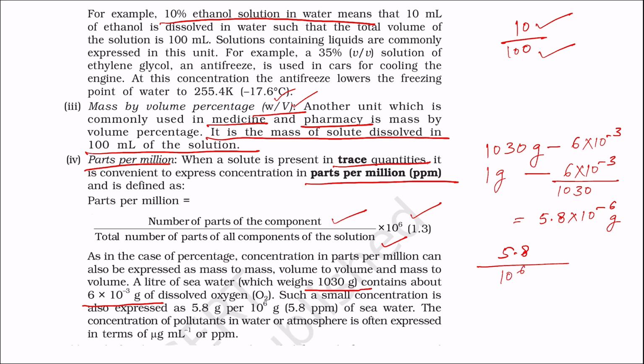So we can say that 5.8 gram of oxygen is dissolved in 10 to the power 6 gram of seawater. Now if we multiply it by 10 to the power 6, we get 5.8. Now this unit is known as parts per million. So we can say amount of oxygen dissolved in water is 5.8 parts per million of seawater.